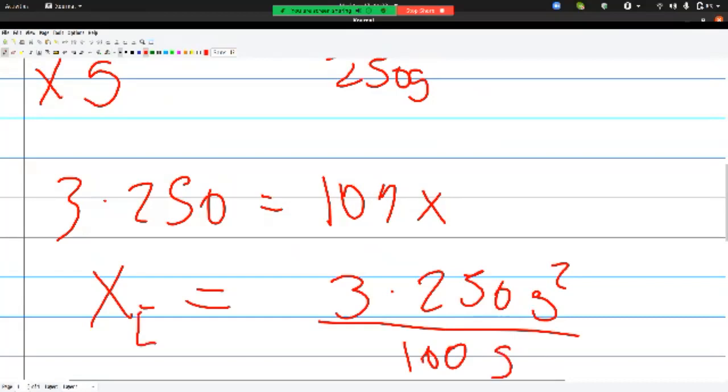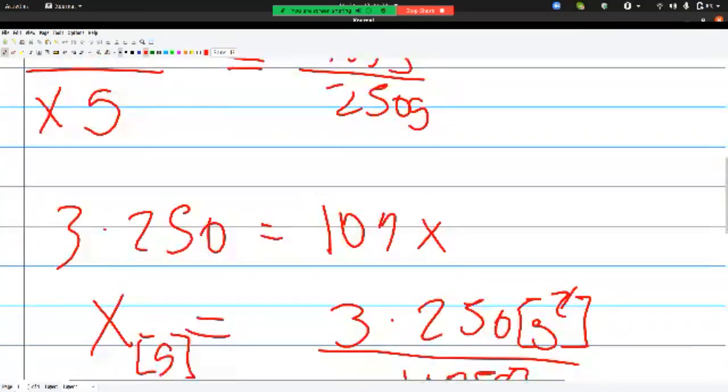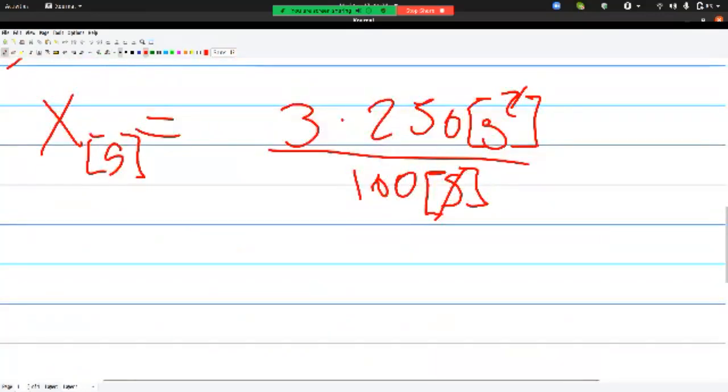This is in grams. So we cancel grams with grams, and we have grams on both sides. That's good. So 3 times 0, that's 0. 3 times 5, that's 15, carry 1. 3 times 2 is 6 plus 1 is 7, over 100. Well, that's 7.5.